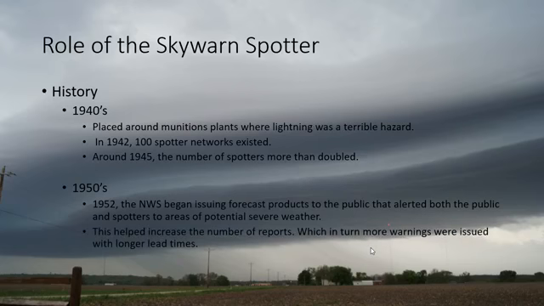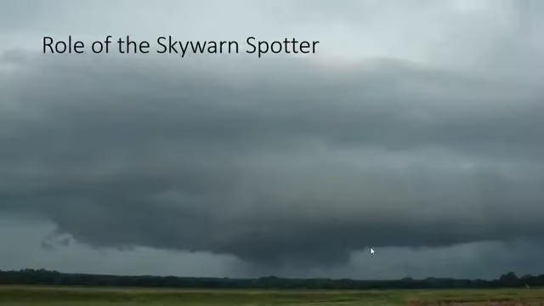Because of this, it helped increase the number of reports, which in turn helped the NWS put out more warnings and actually issue warnings with longer lead times. I'm going to continue on here.